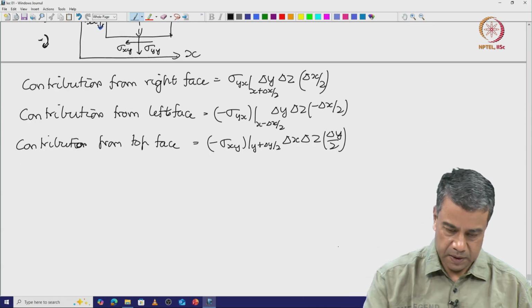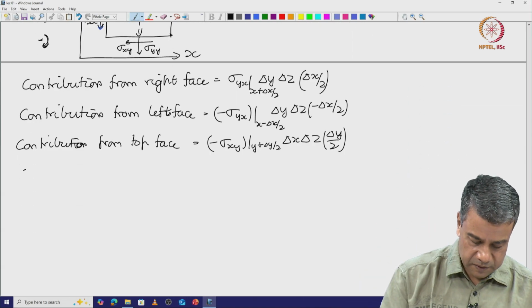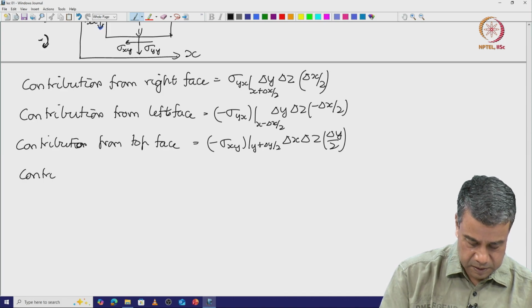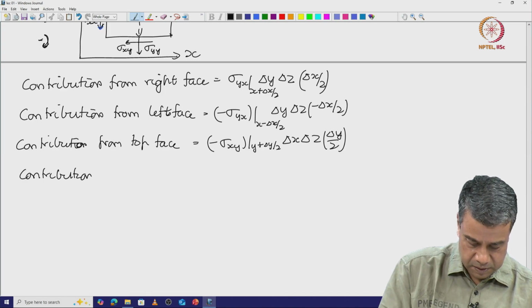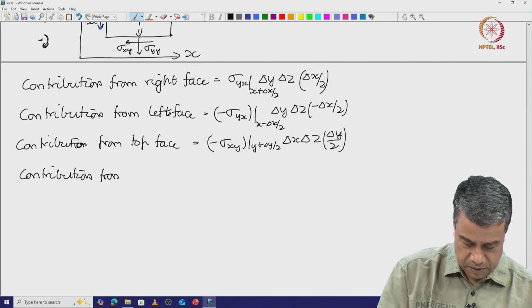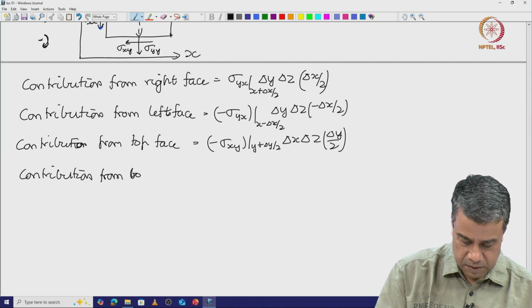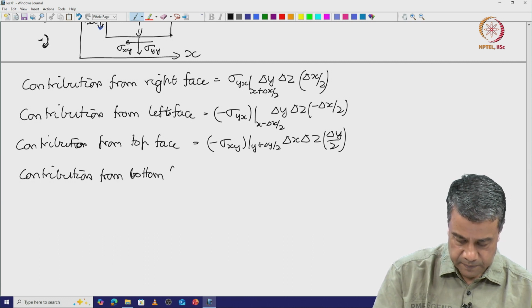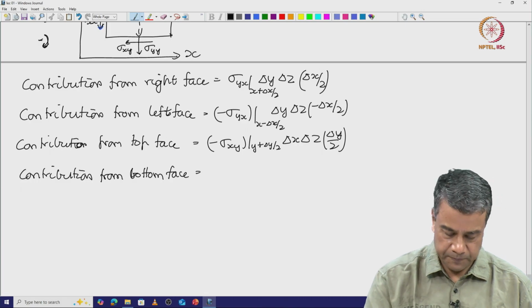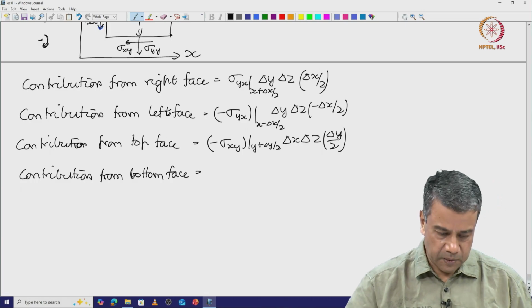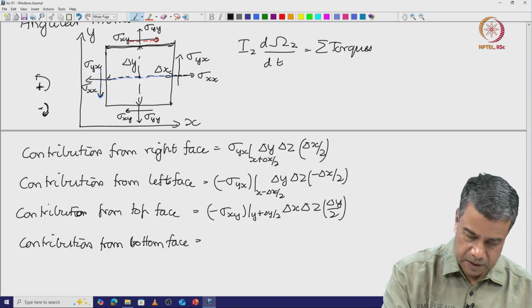Similarly, you have a contribution from bottom face. At the bottom face the force is acting in this direction.